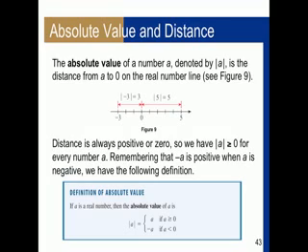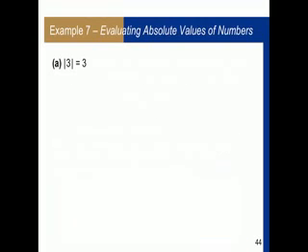So the absolute value of A is greater than or equal to 0 for every number A. Remember that -A is positive when A is negative. We have the following definition. So if A is a real number, then the absolute value of A is A if A is greater than or equal to 0. It's -A if A is less than 0. A couple examples here then. The absolute value of 3, its distance from 0 would be 3.